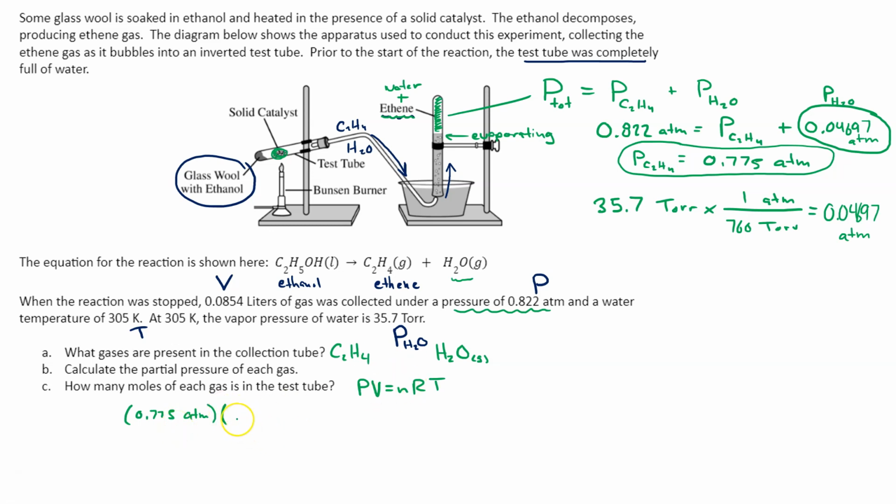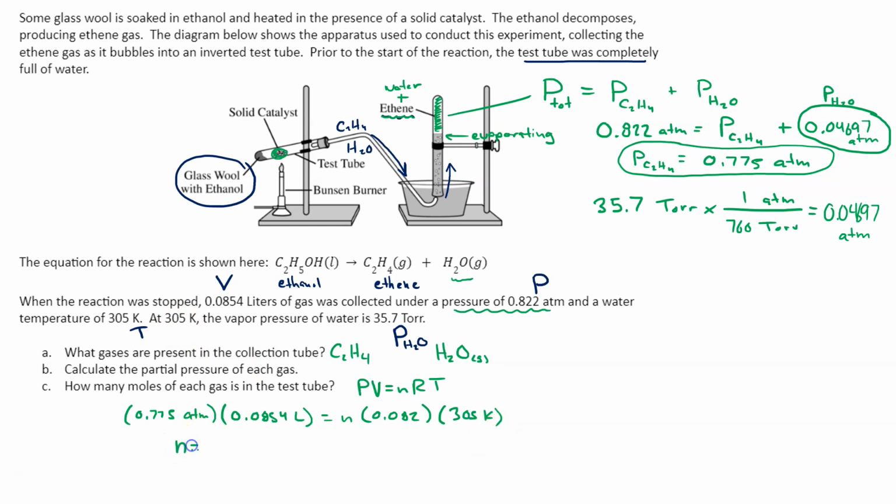The volume of each gas, of course, is the same. That's the 0.0854 liters. Moles is what I'm solving for. I'm going to keep it in ATMs and use the 0.082 R value. I'm not writing all the digits there. The temperature of the gas, you could assume, is the same temperature as the water itself. It's the only temperature we've got, 305 Kelvin.